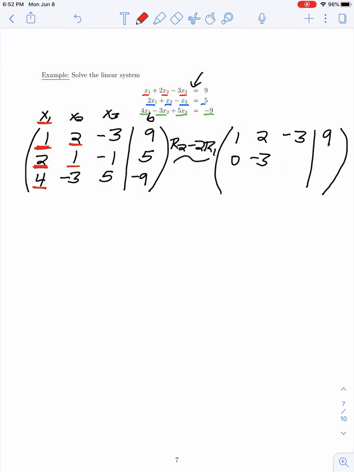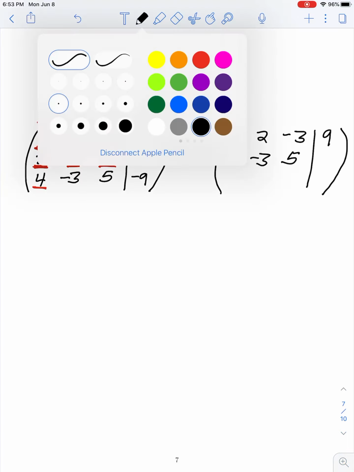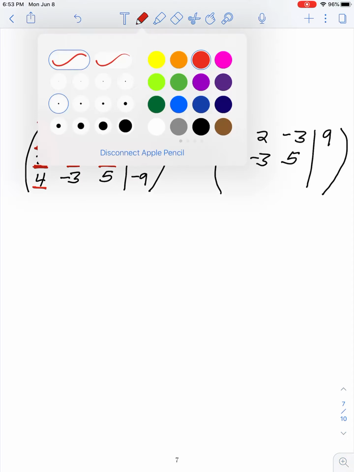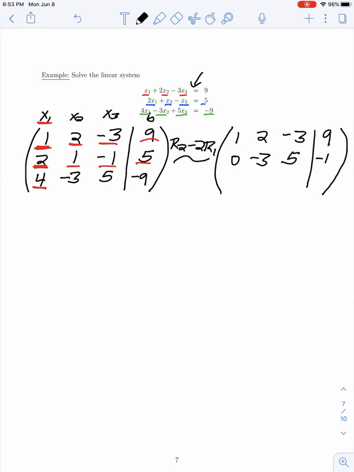Then taking negative 2 times the negative 3 in my first row, we have a positive 6. Adding that to a negative 1 gives me a positive 5. And then performing that same operation on the right-hand side of our equation, negative 2 times 9 would be negative 18, plus 5 leaves us with negative 13.